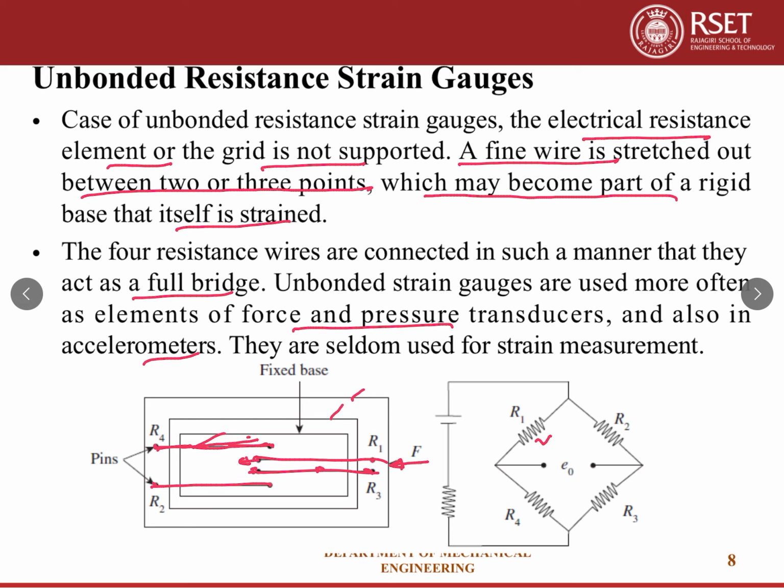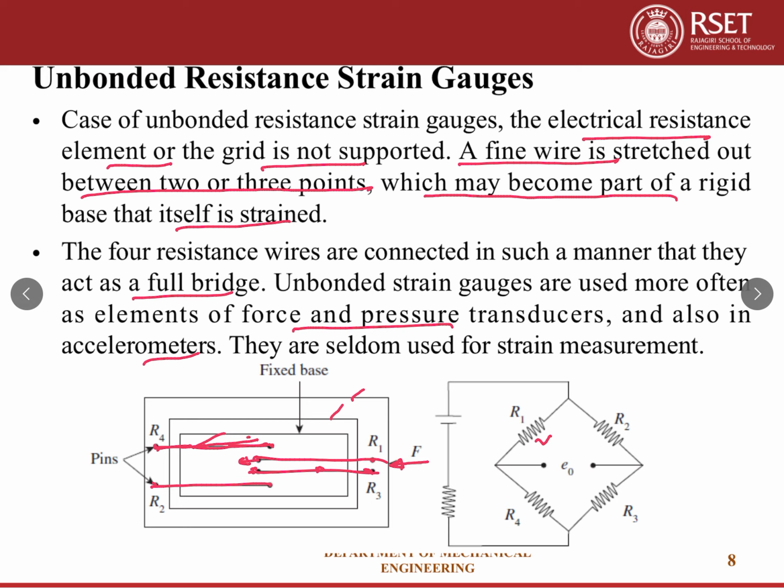So in unbonded resistance strain gauges, the strain grids or wire are not bonded. They are stretched between 2 points on a rigid base. When the rigid base is strained, this wire grid also gets strained and its resistance changes.